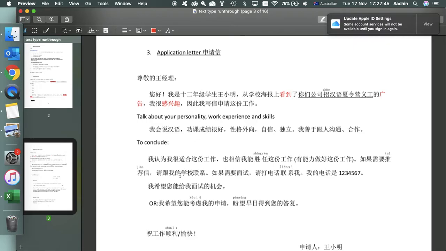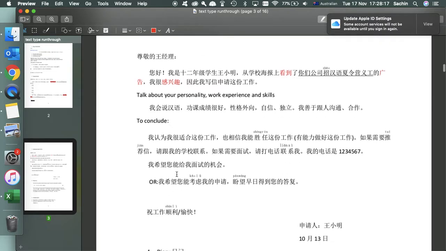And then to conclude, you say like, I am a very suitable candidate for this job opportunity, and if you want a recommendation letter, please contact, for example, your school or whoever, usually your school, and then state that if the employer wants an interview, they can contact you, and then you have to put in a fake phone number or whatever.